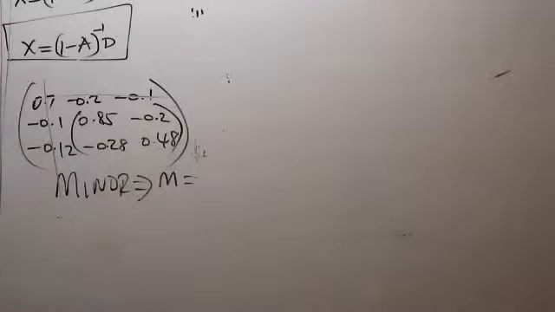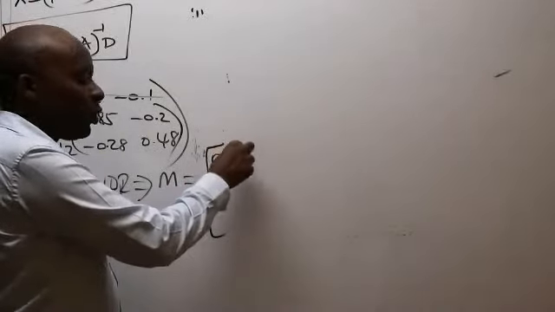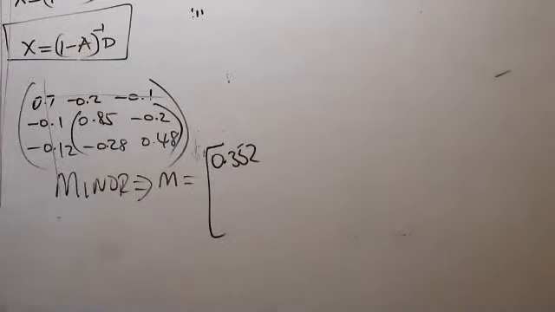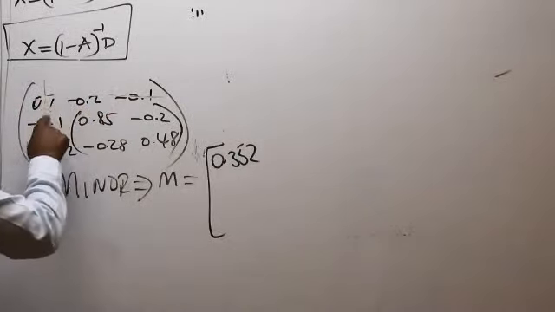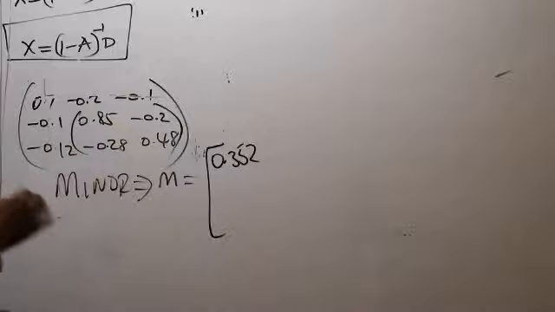I would want to get answers from every student. So the minor for the first one, I'm being told, is 0.352. Now we want to get the minor for the second. If I'm using a pencil to cover my values, what I need to do is to rub.